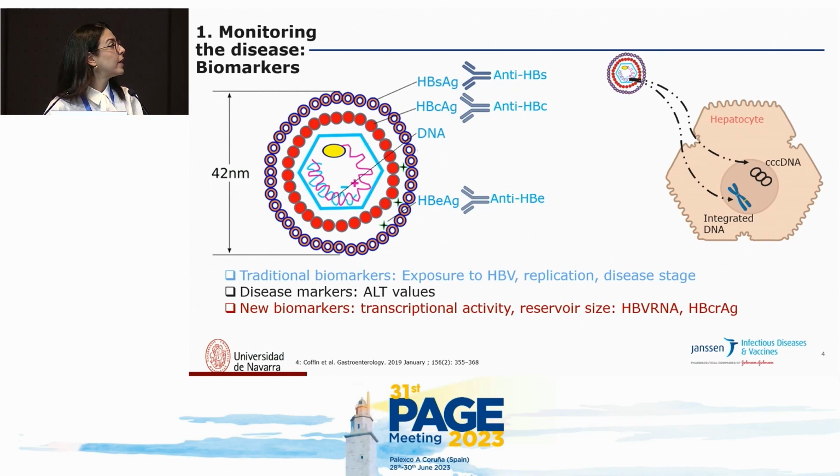The cccDNA, the covalently closed circular DNA, is the most frequently obtained conformation, is very stable and highly transcribed to produce all viral proteins, while integrated viral DNA within the host genome is less actively transcribed to only produce the S antigen.